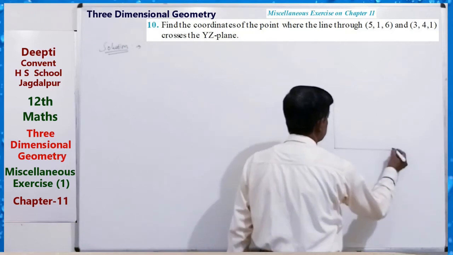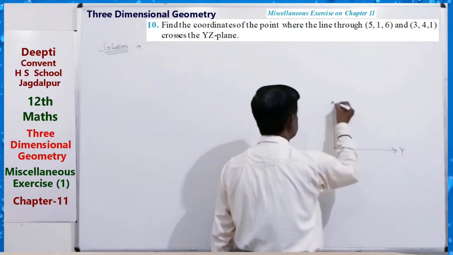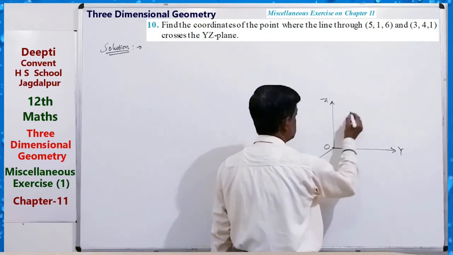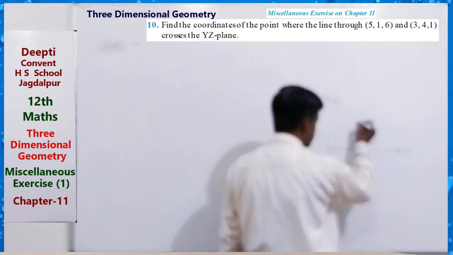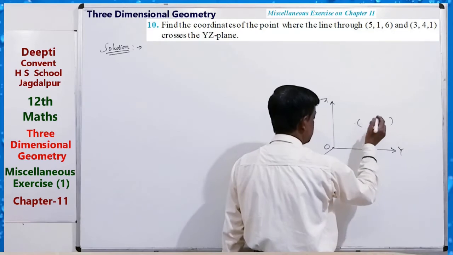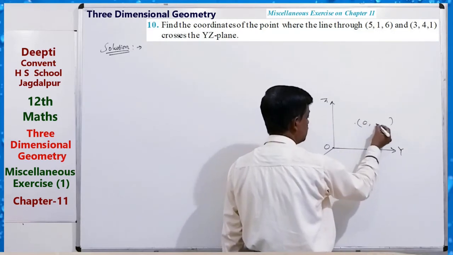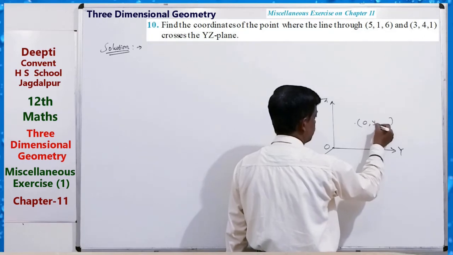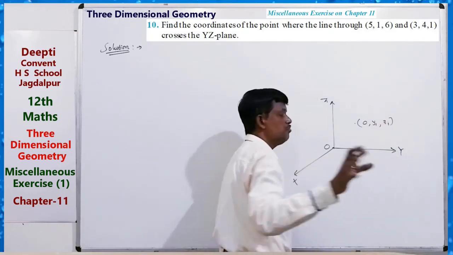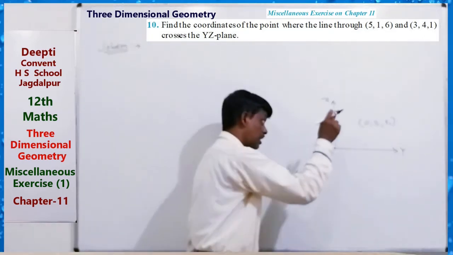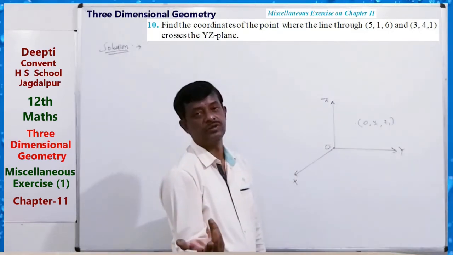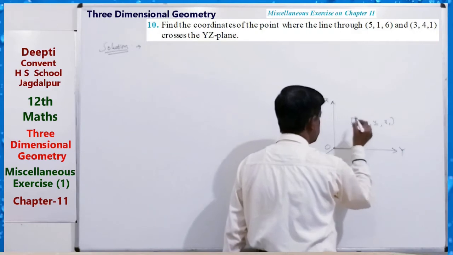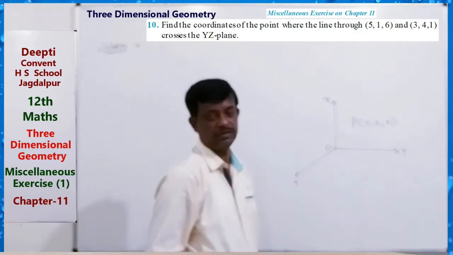Suppose this is y, this is z, this is x axis, origin. This is the YZ plane. In this plane y1, z1 have some values, but the value of x is always 0.